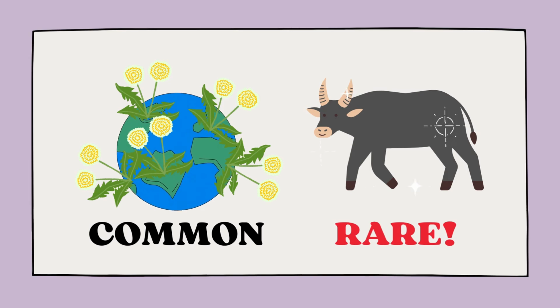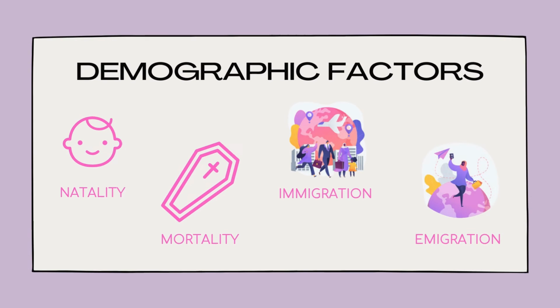Four primary demographic factors, namely natality, mortality, immigration, and emigration, also contribute to the population's density, which can affect its expansion and shrinking, and there is an interplay of adding and removing individuals of a population in a certain locality.